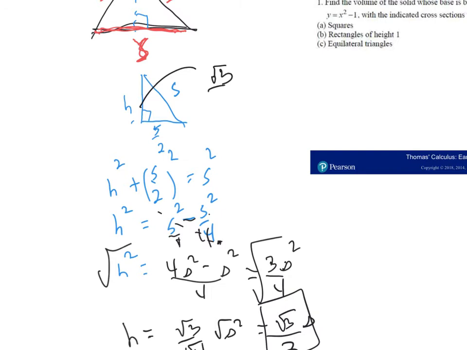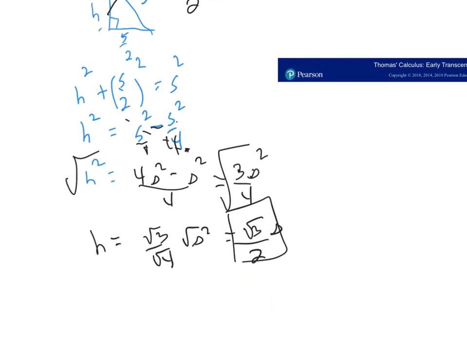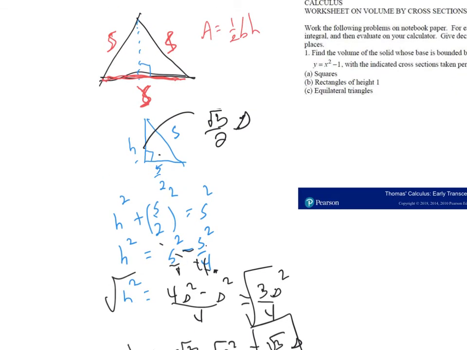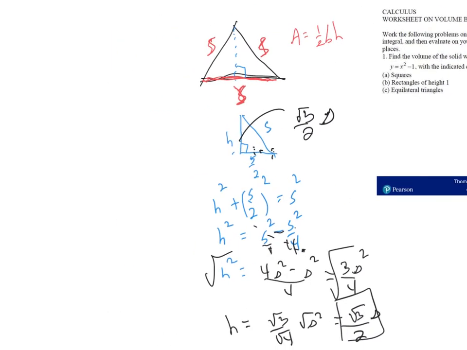Square root of 3 over 2 times S, right? Yes. So let's do the area of this triangle right here. That area will be 1/2 times the base, which is labeled 1/2 of S, times the height.